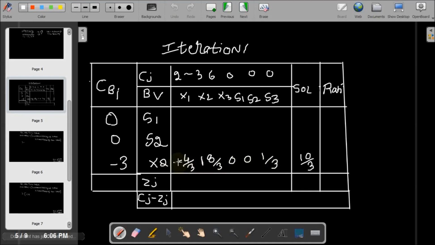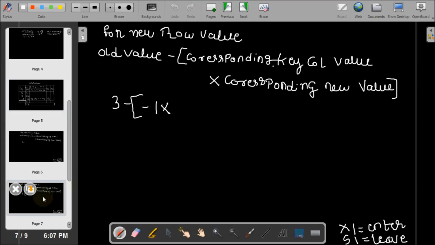So here I'm calculating for the first element, right? What is the new value here? Minus 4 by 3 is the new value. So I will take up minus 4 by 3. Getting, guys? Don't get confused. Now I will calculate this. So 3 minus 4 by 3.